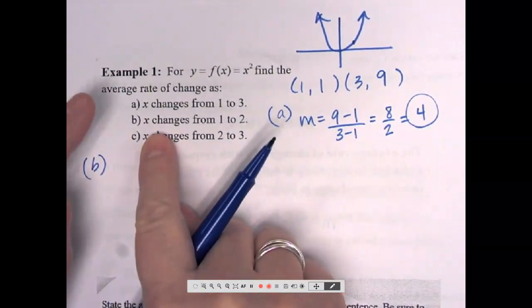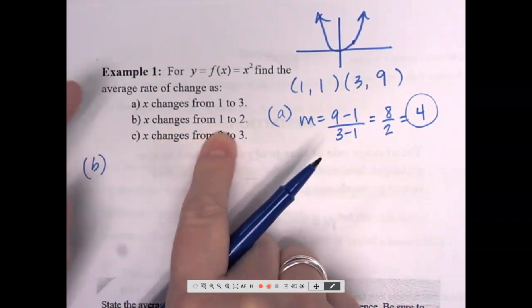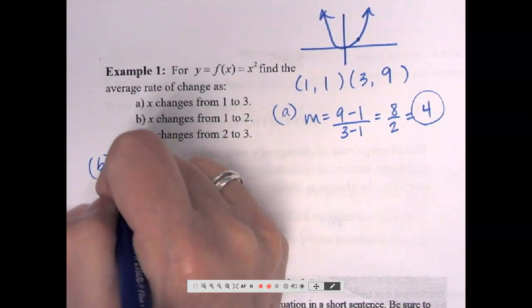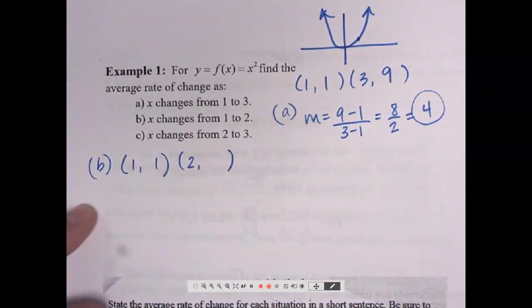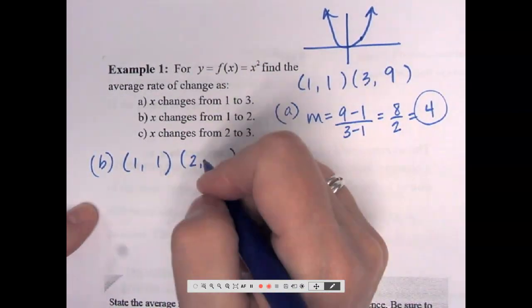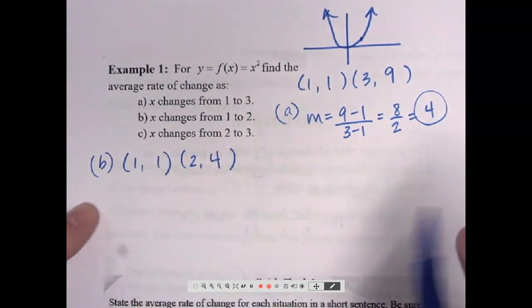Find the rate of change, aka slope, from x equaling 1 to x equaling 2. Well, we already know that ordered pair (1, 1). But what about the ordered pair (2, something)? Let's sub 2 into the function, square it, and we get 4. Now use your slope formula for this.